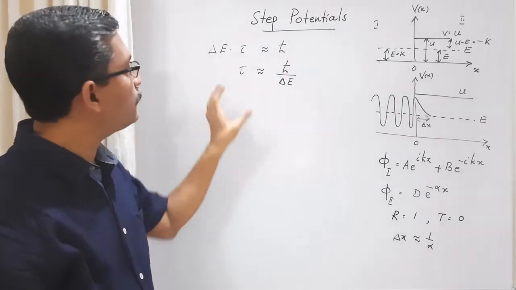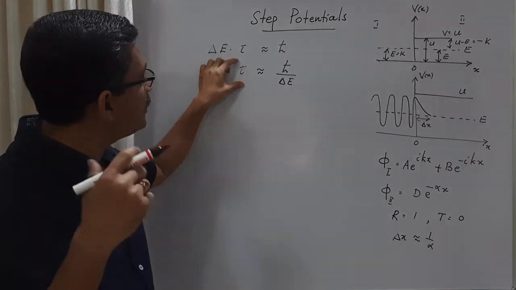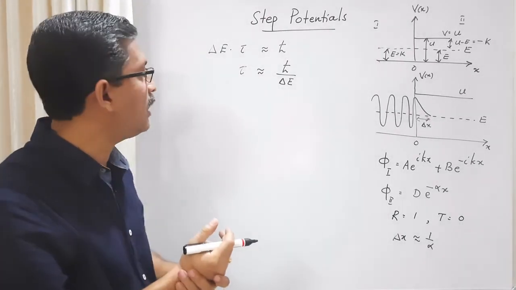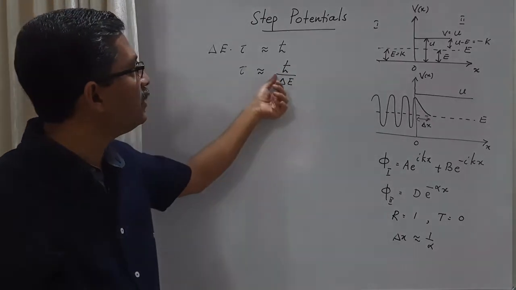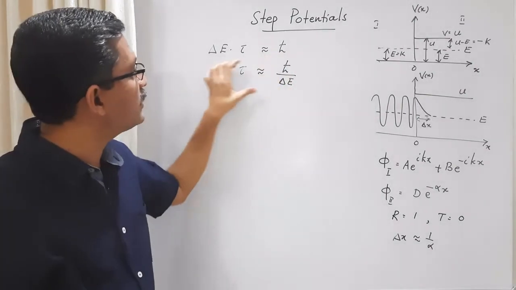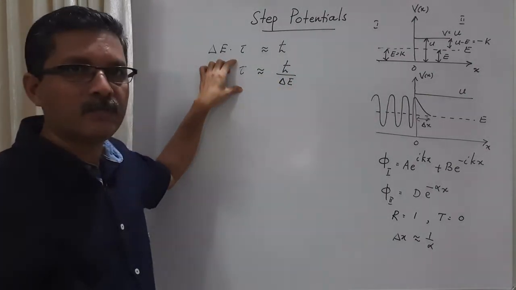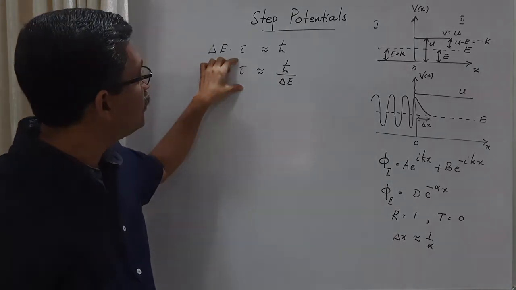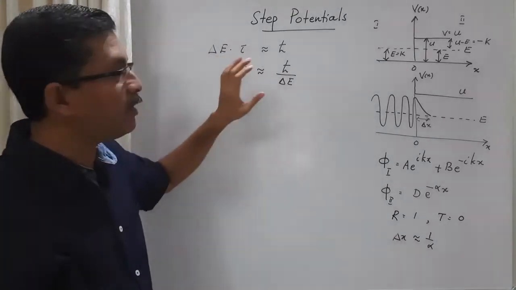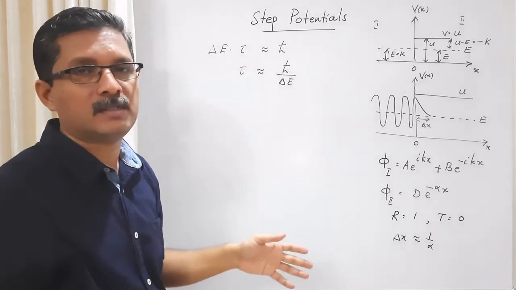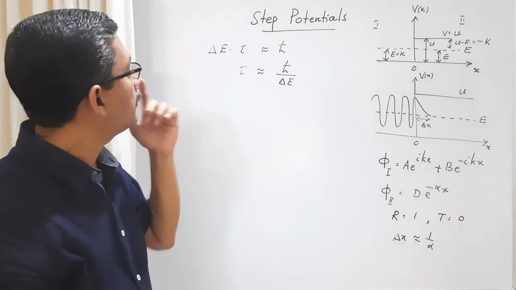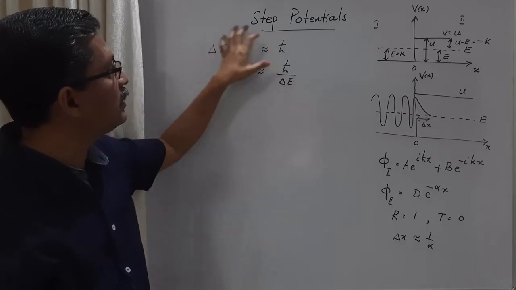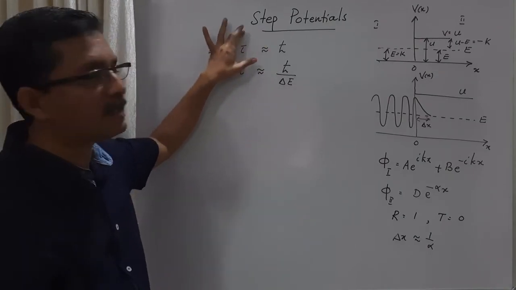So if a violation of conservation of energy happens by an amount delta E, and that process or reaction takes place within this time, then we will not detect it. That's the idea. This much error will always be there in a process taking place within a time tau.